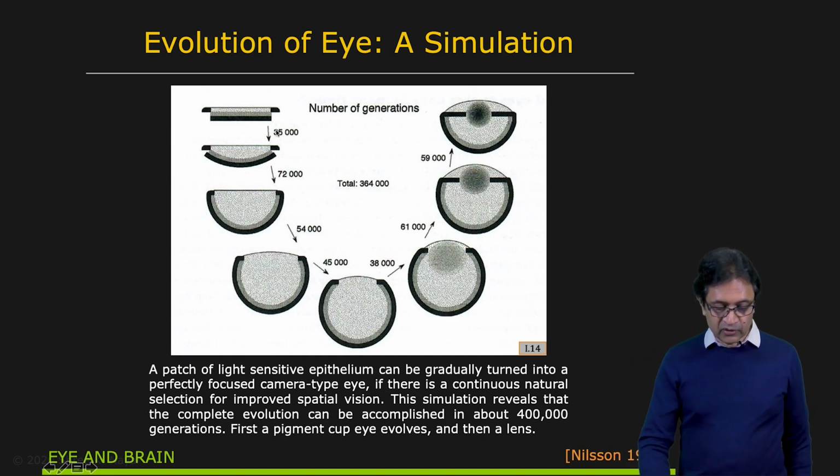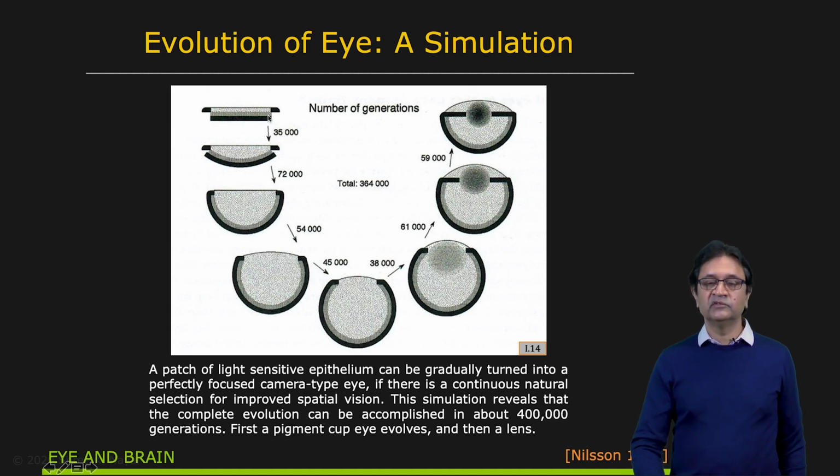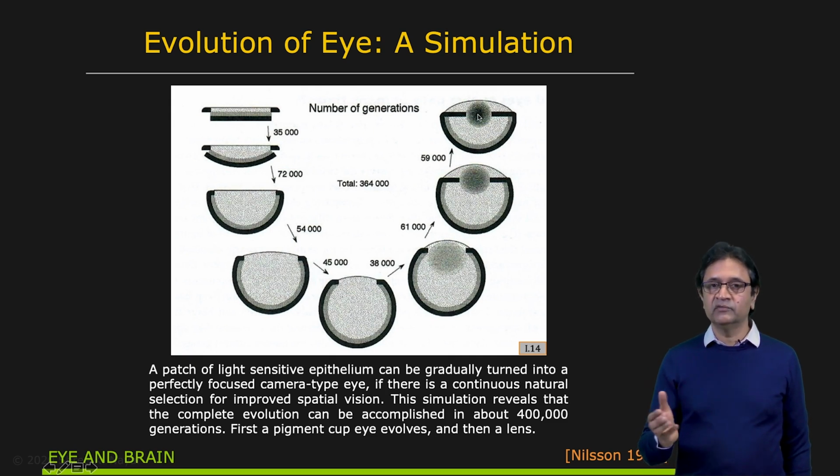And these numbers that you're looking at here correspond to the number of generations that the simulation estimates it took to go from one stage to the next stage. So it turns out to go from this flat tissue all the way to a fully formed eye, it is estimated that it may have taken roughly 400,000 generations.